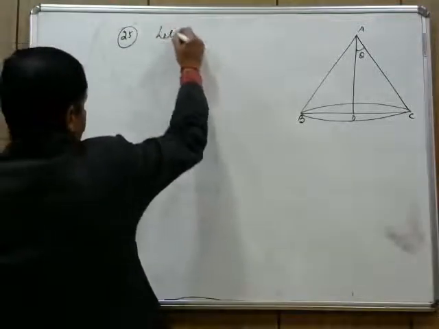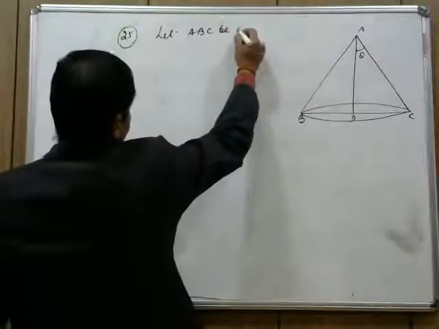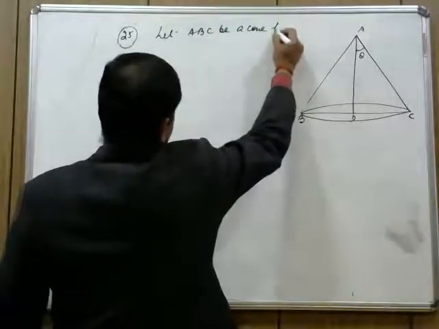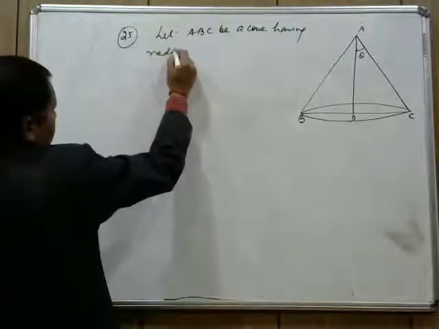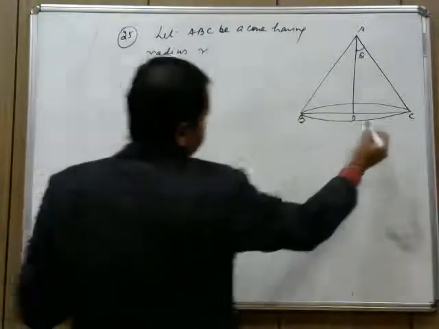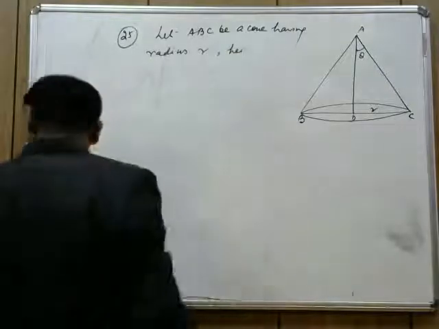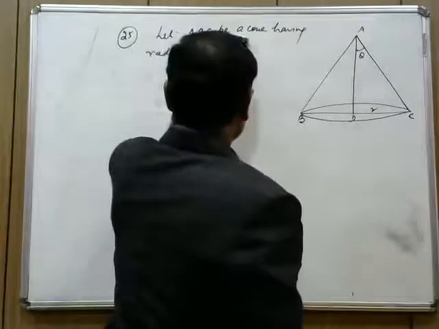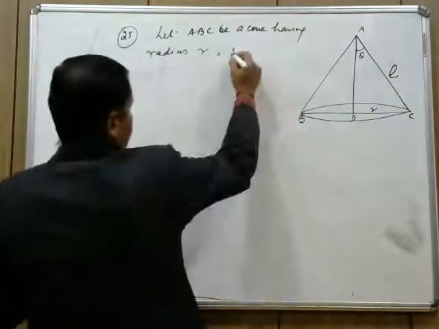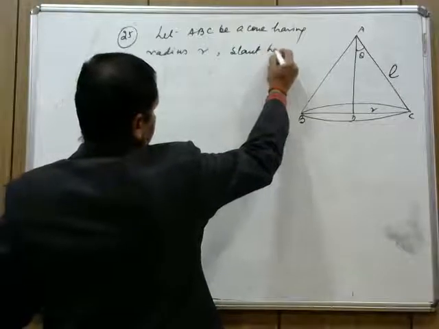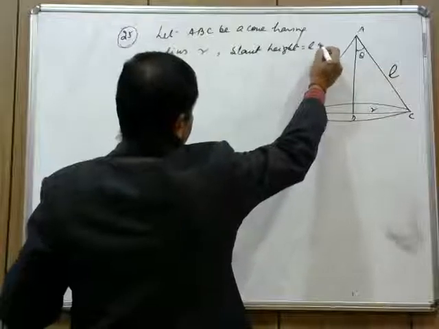Let ABC be a cone having radius r and slant height L, given slant height L given.